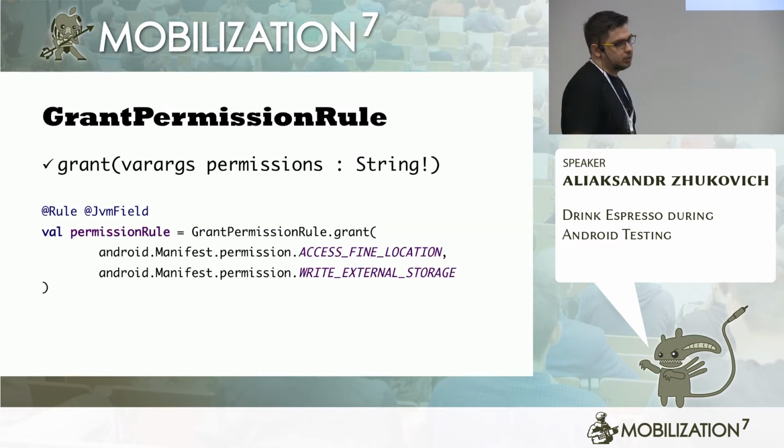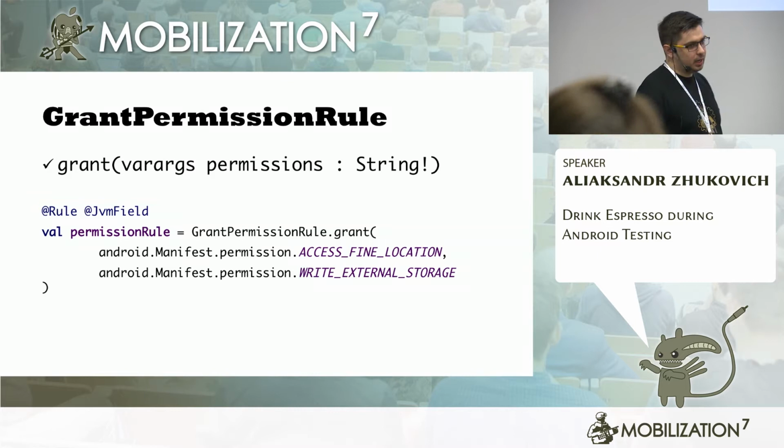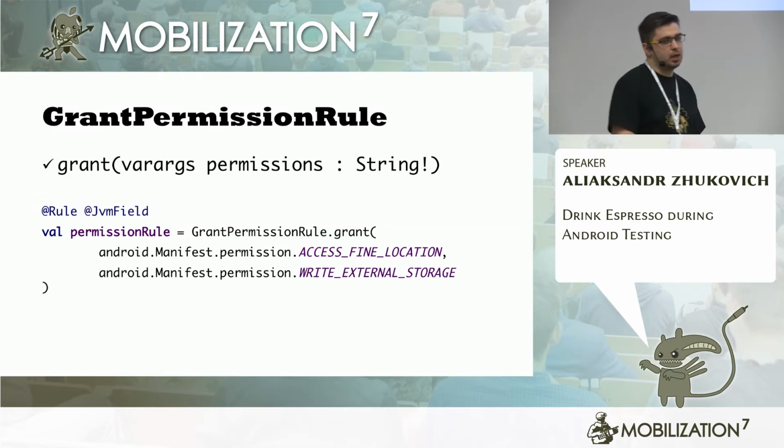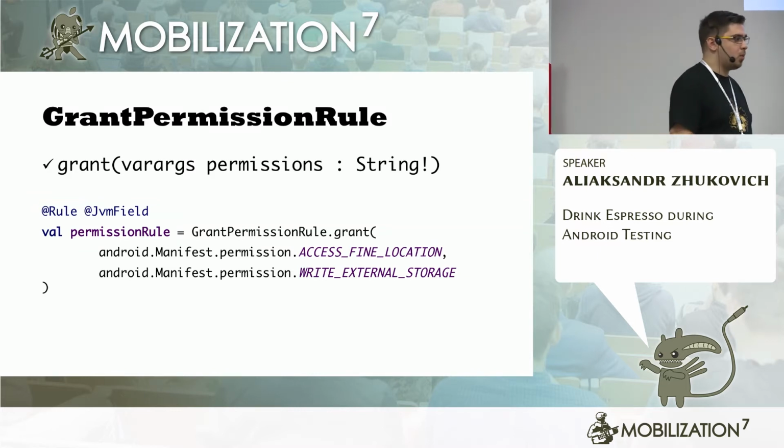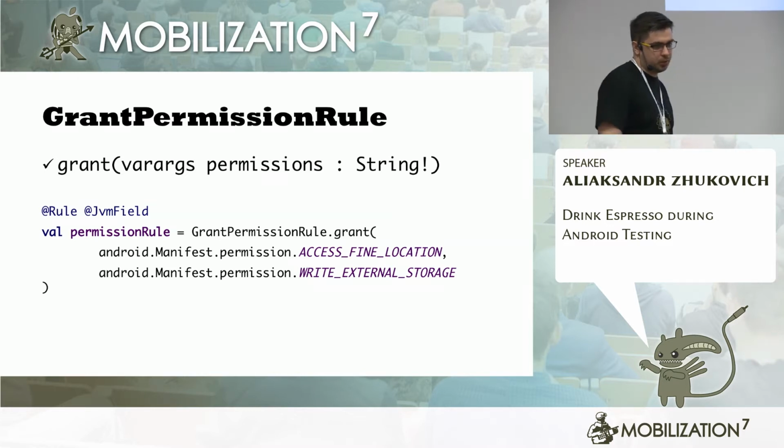Let's take a look at the grant permission rule. First of all, we create our rule and call the method grant, and here we can pass the permission which we need. This is really a great rule, because we always should test how our application works with all permissions, without any permission, and with partial permissions.